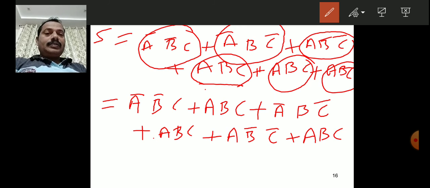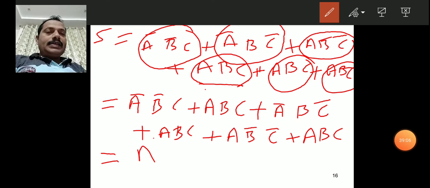Now, by simplifying, what we get is, let us take these two terms.